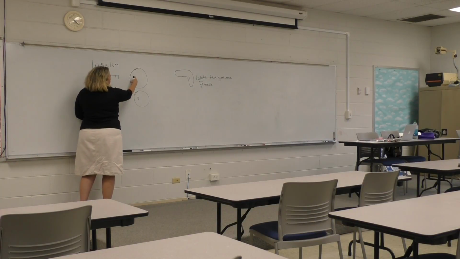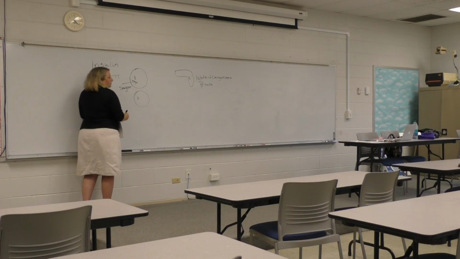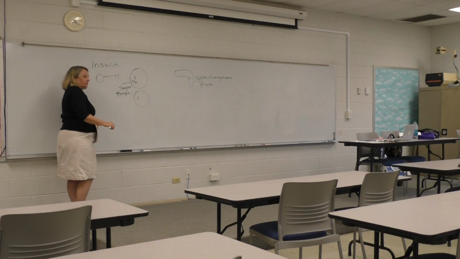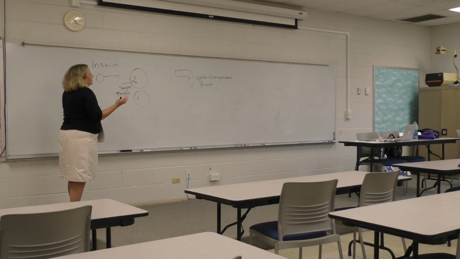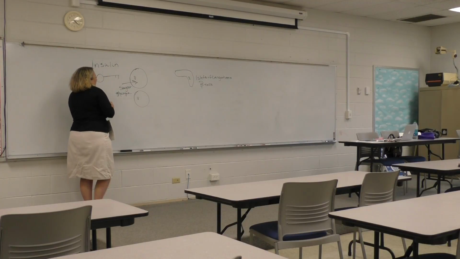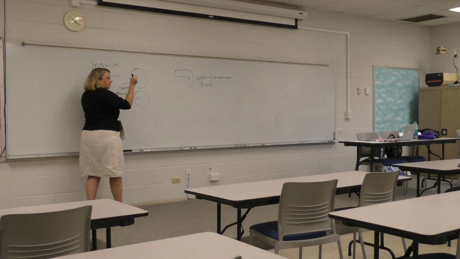The insulin turns the key in the keyhole, and it opens the door, and that way all the sugar can go in. All cells need glycogen to function: muscle cells, liver cells, all cells. In order for our cells to live, we have to have this insulin that will open the door.